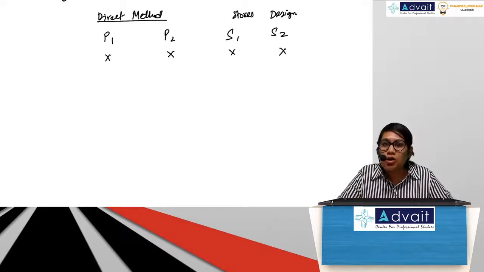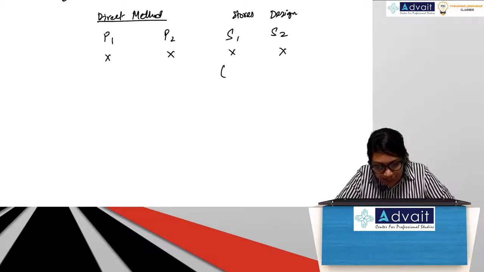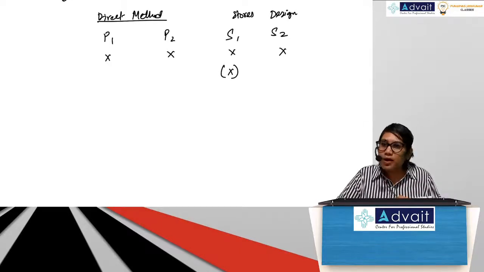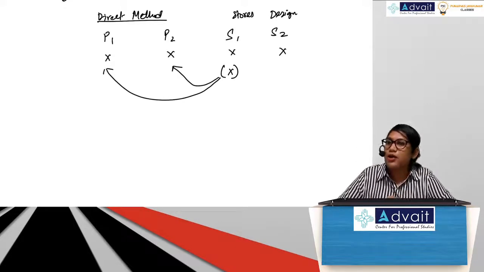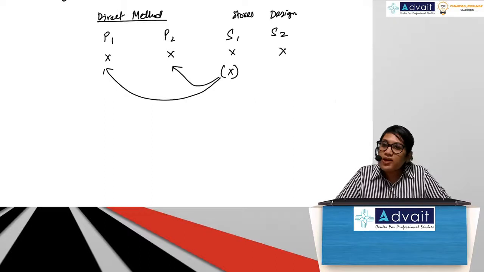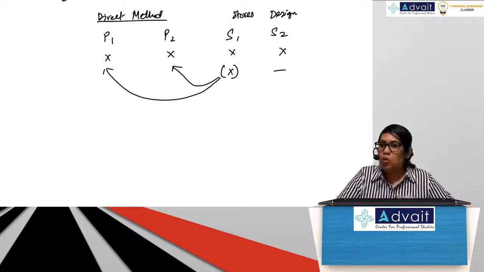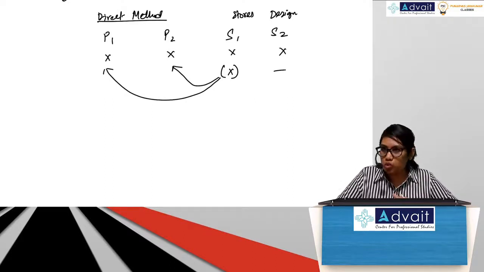So what happens? Now they have to make their overhead balance 0, which means S1 will fully become 0 and give its overheads to P1 and P2 in some ratio. But will it give anything to S2? No, it will not give anything to S2.